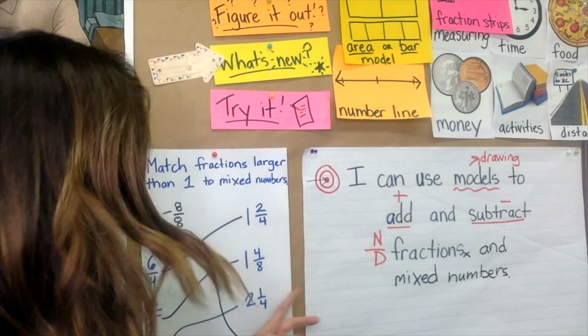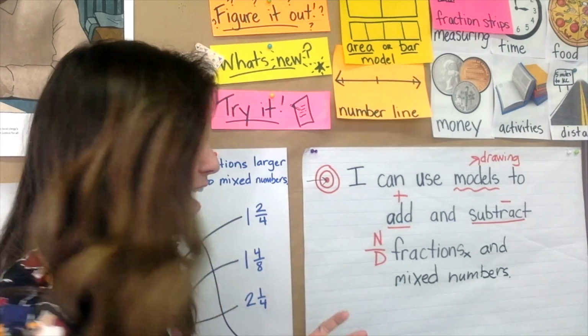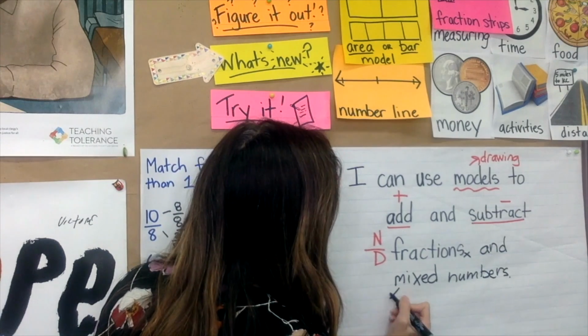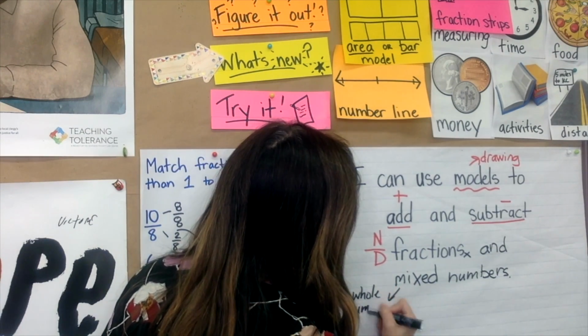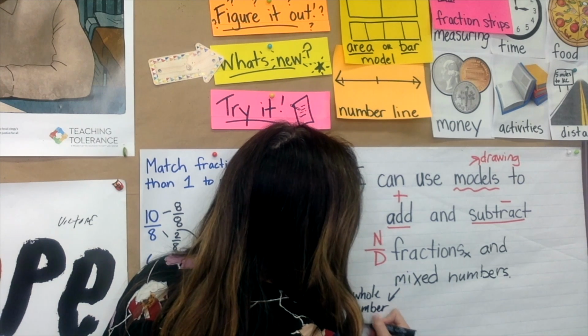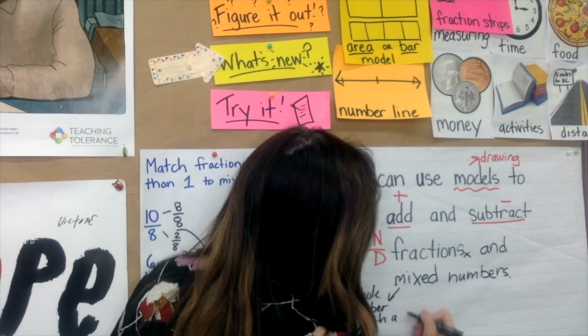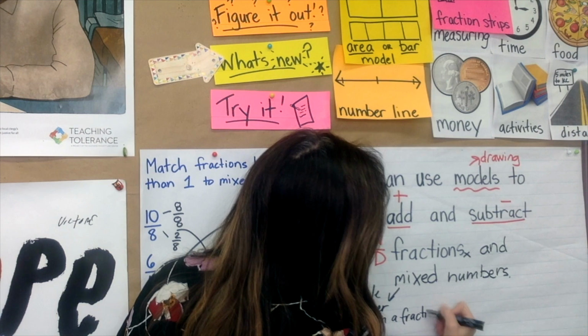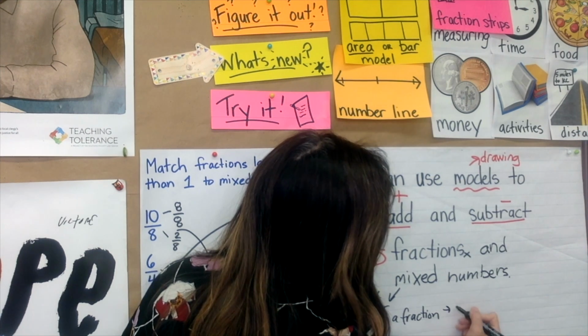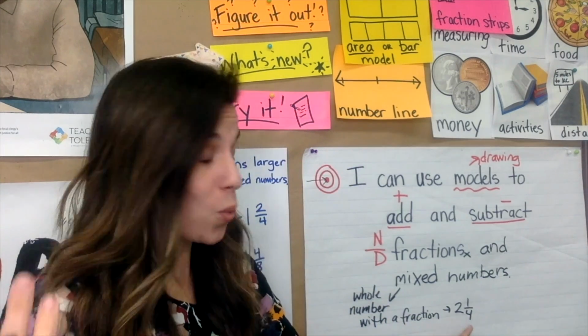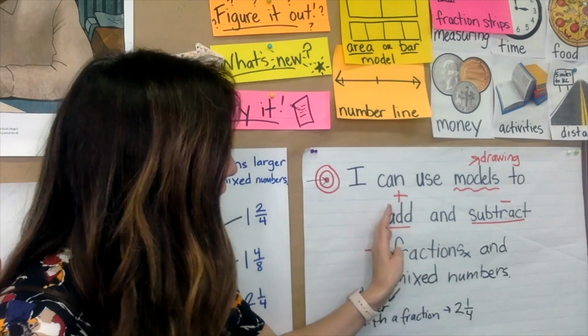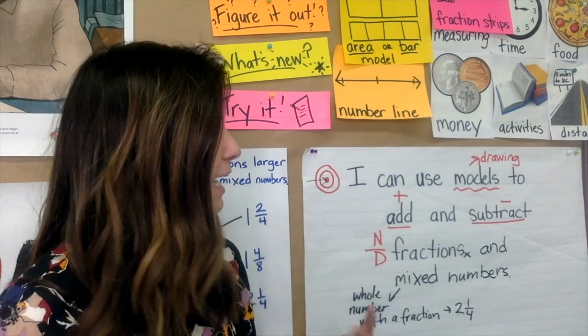Mixed numbers are like what we just did in the figure it out. A mixed number is a whole number with a fraction. For example, 2 1/4. A whole number with a fraction. And remember, we can think about adding and subtracting.